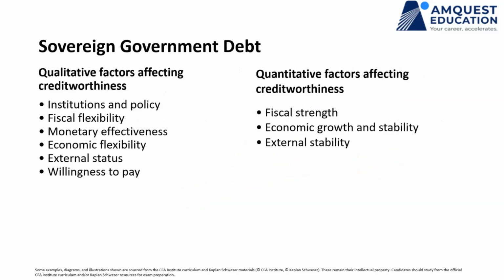Now, when government is issuing bonds, what are the factors that you have to assess while giving them the money and taking a bond from the market? Qualitative factors affecting creditworthiness of a government bond. Institution and policy. Which institution is issuing the debt?